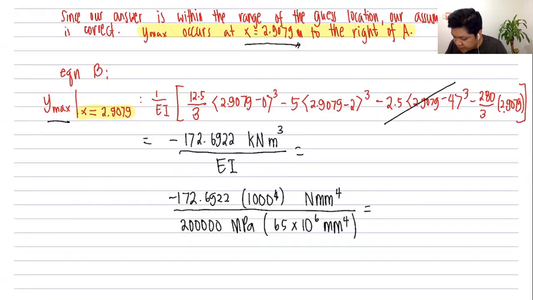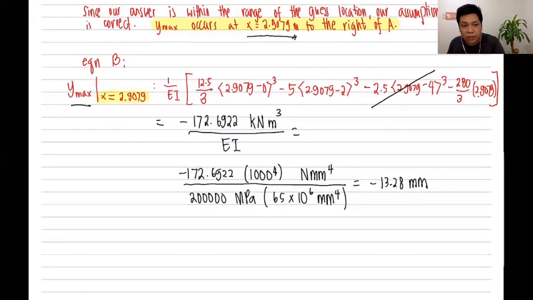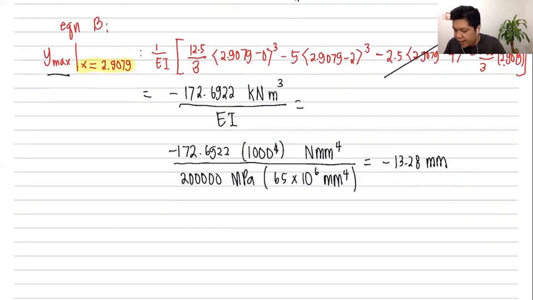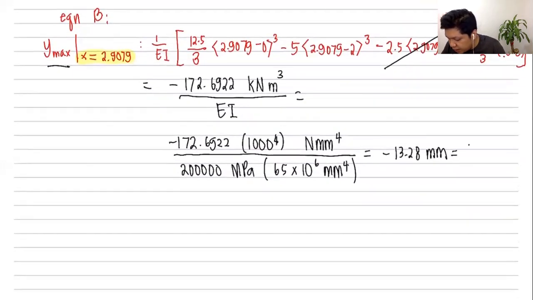I should get an answer of negative 13.28 millimeters. Kindly double check and confirm. And the final answer is 13.28 millimeters downward.